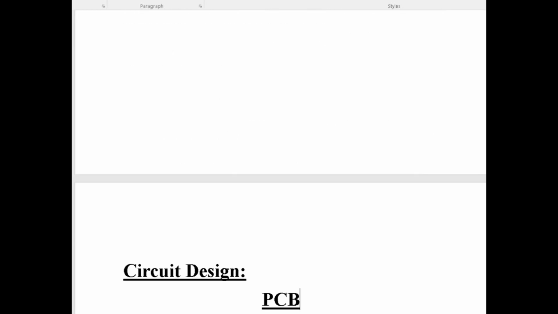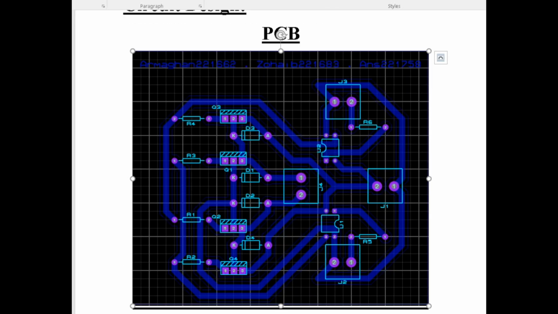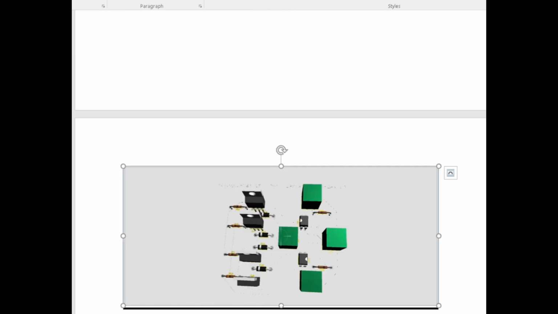Now, moving on to the circuit design. This is our PCB design. We have used BJTs, transistors, resistors, diodes, T-blocks, and switches. If I move on to the 3D visualization, you're going to understand better.